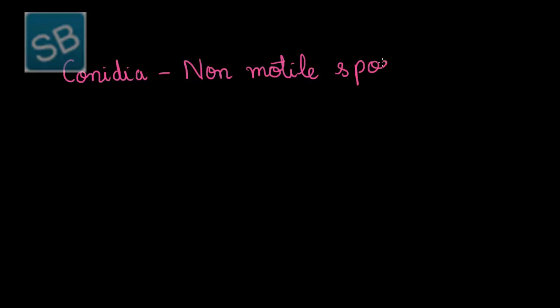The second type of spore includes conidia. As said earlier, conidia are the non-motile spores. Such spores are generally non-flagellate, because they are not motile and therefore they do not possess flagella.